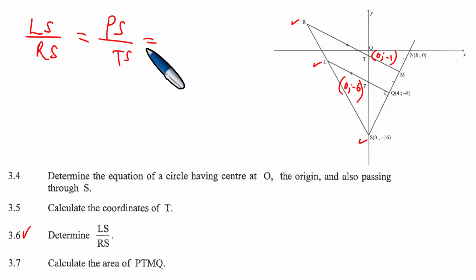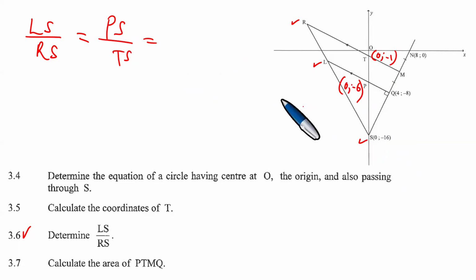Okay, so now it's easy to calculate the distances here because the distance on the y-axis, like what is the distance between -6 and -1 when both x coordinates are 0? That is going to give us the PT. And also, if you want to find the whole of PS, what is the distance between -6 and -16 when both x coordinates are 0?